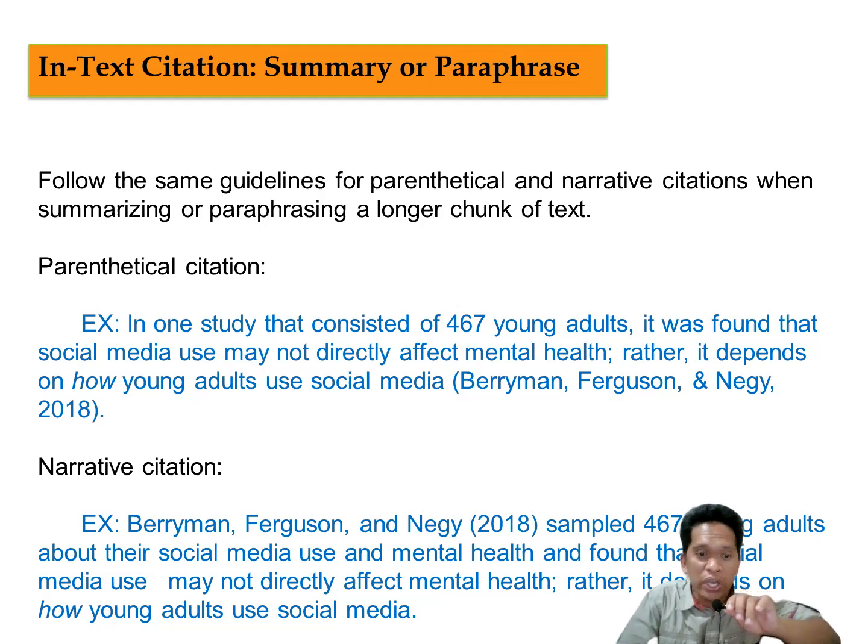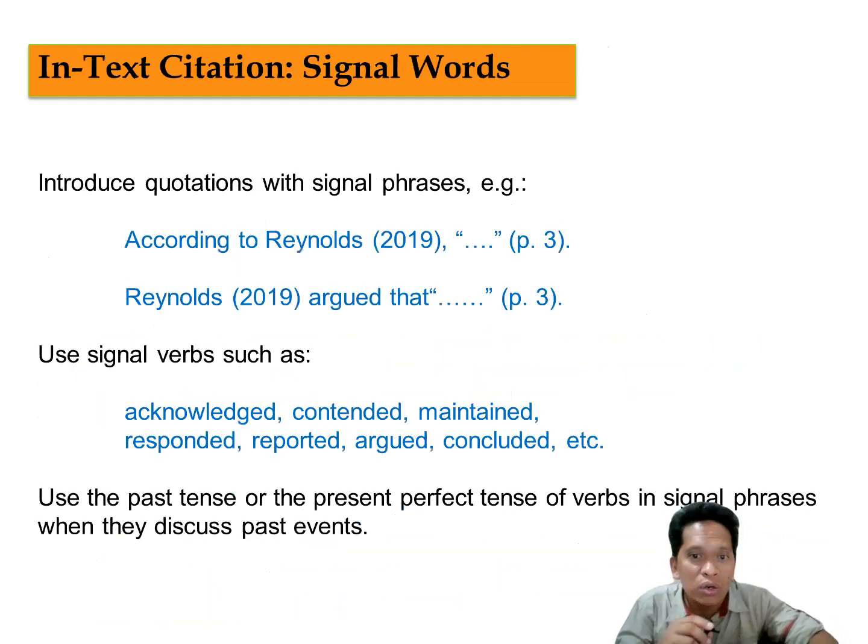But on the narrative citation, the authors are separated by a comma, and then before the third author, you will have the word and, then in parentheses the year of publication. So again, mirror this. This is the thing there.